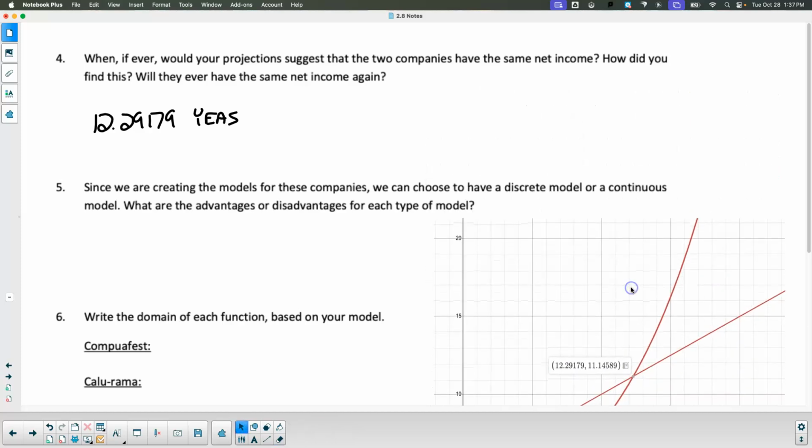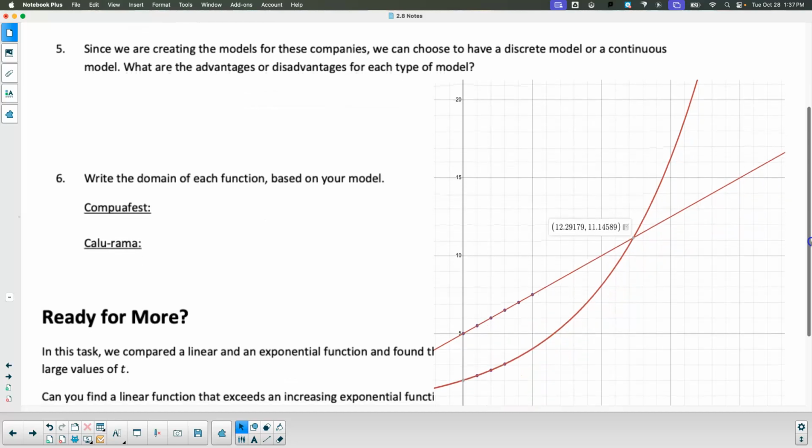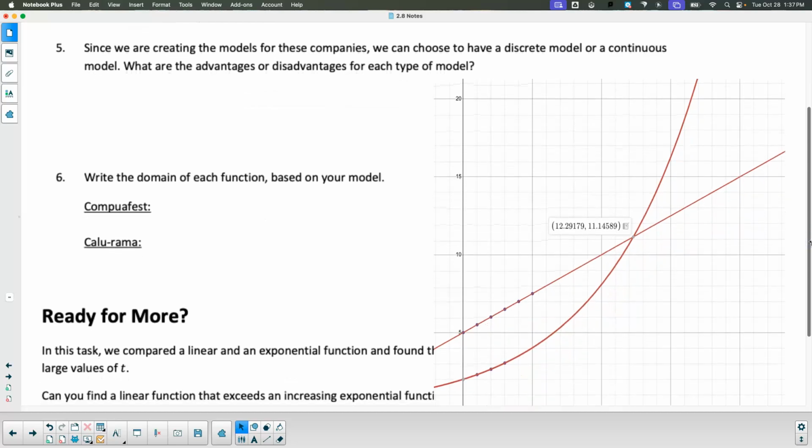Since we are creating models for these companies, we could choose to have a discrete or a continuous model. Which one do you think best models this? The discrete model would be all of the dots. The continuous model would be the line and the curve. Why?